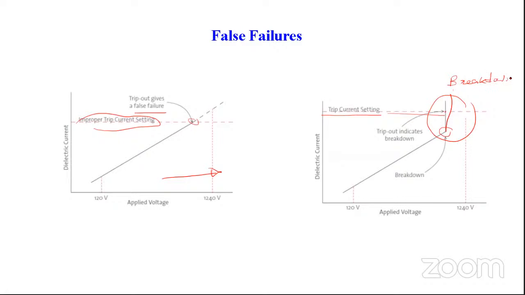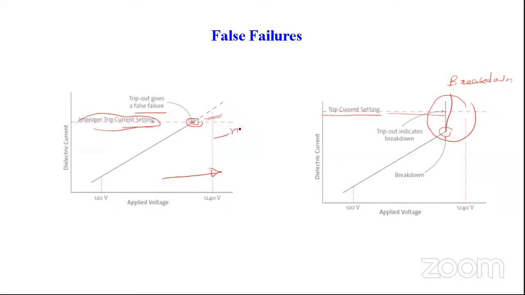And sometimes if you set the trip current at a lower value, at a certain voltage level the current flowing through the dielectric exceeds that trip current setting, but it is the normal case of the insulating material.